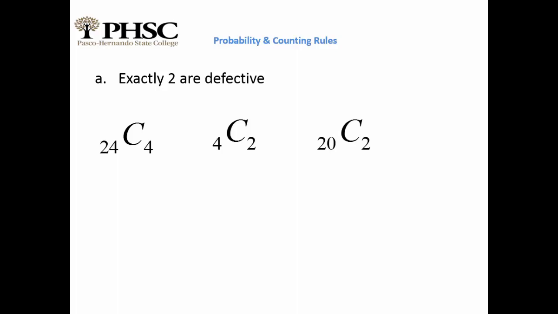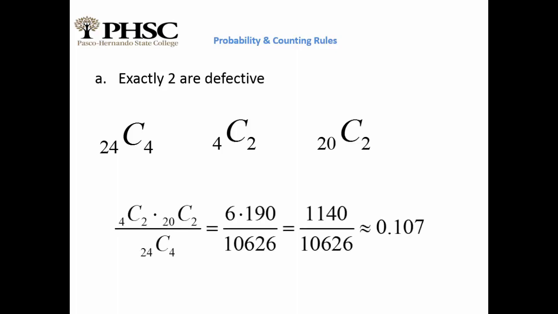And then what's left over is going to be 20 choose 2, because I have 24 total, 4 are defective and 20 are not defective, and I'm choosing 4 in total, so 2 and 2. So my numerator is 4 choose 2 times 20 choose 2, divided by 24 choose 4. And you see that it's about 11%. So I have an 11% chance of getting exactly 2 that are defective.